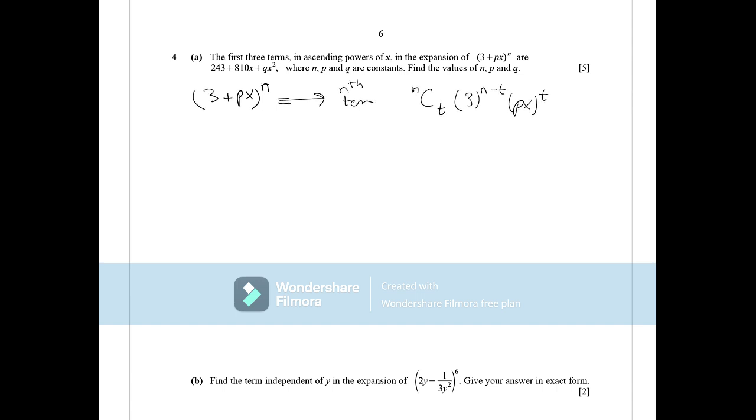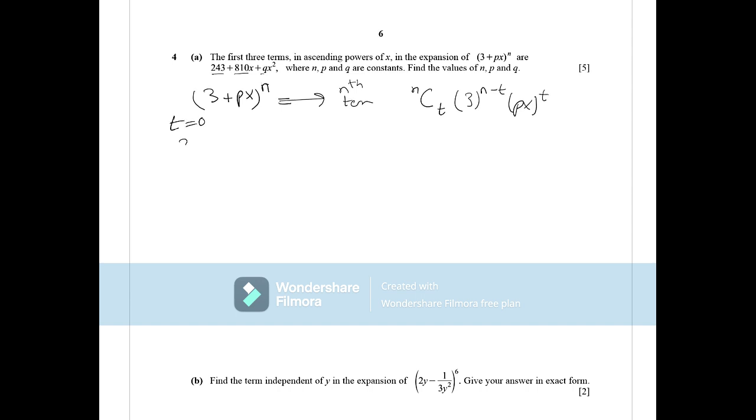What we know is, for r equals 0, the final answer is 243. For r equals 1, the final answer is 810. And for r equals 2, the final answer is q.